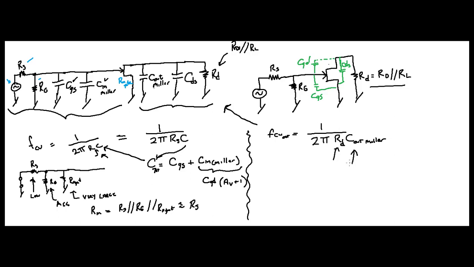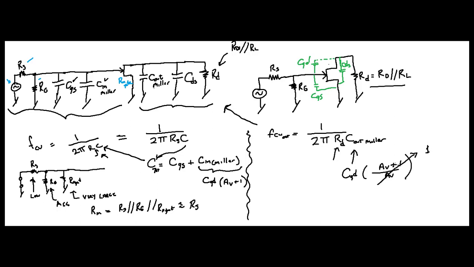C out Miller is going to equal CGD, your gate drain, times AV plus 1 divided by AV. Now look, if AV is a large number, 1,000 or 100, suppose it's 200 or something like that, then 201 divided by 200 is basically going to go to 1.